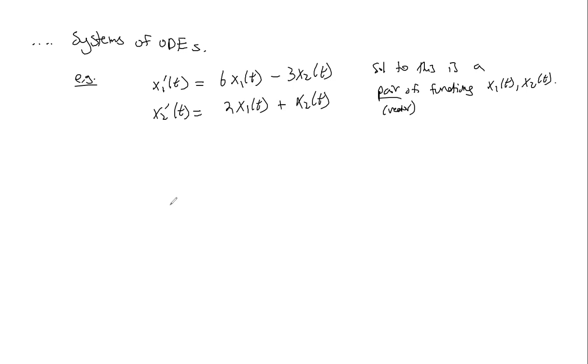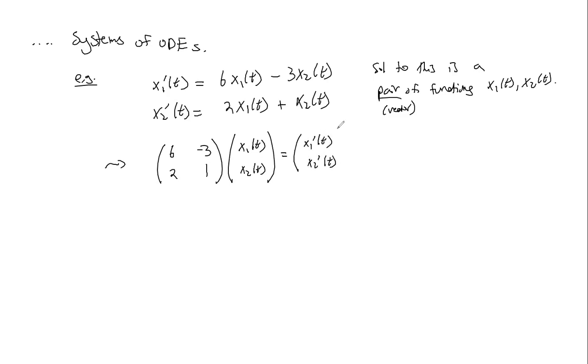Right, and so we can wrap this up just as we did 3 months ago. We can wrap this up as a matrix equation, and we get this matrix, which is kind of a weird matrix, right?